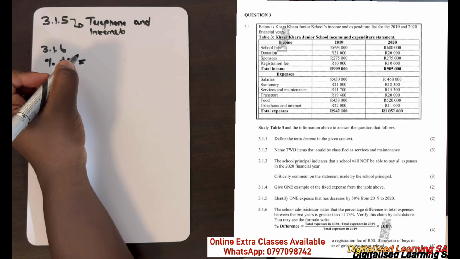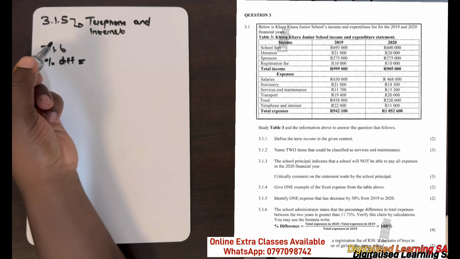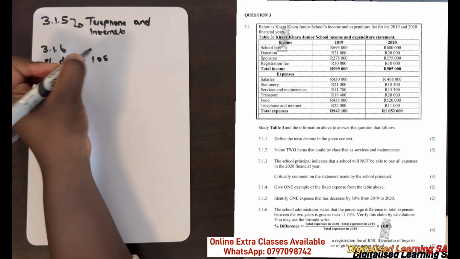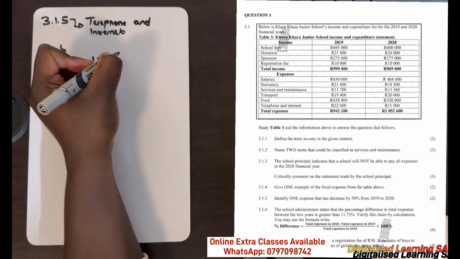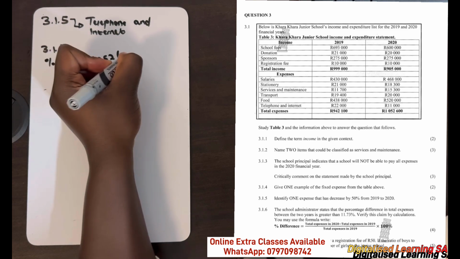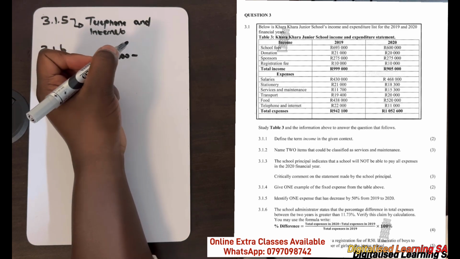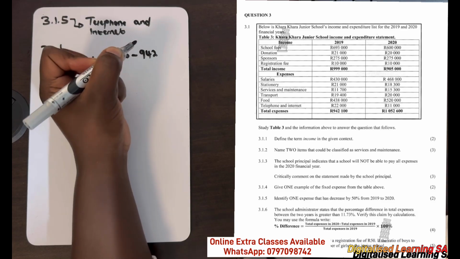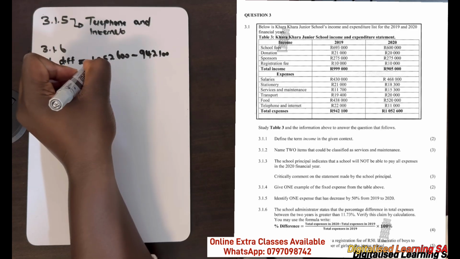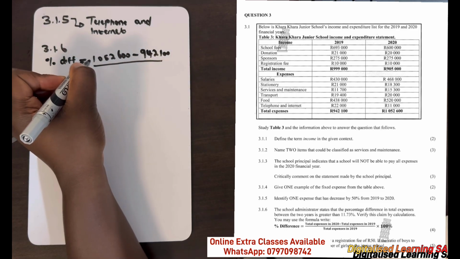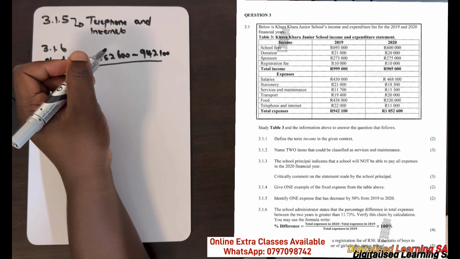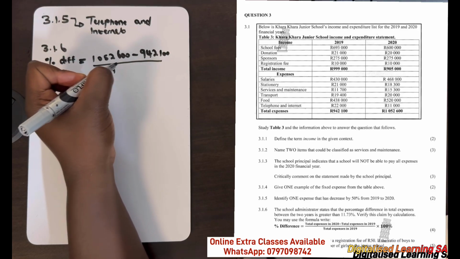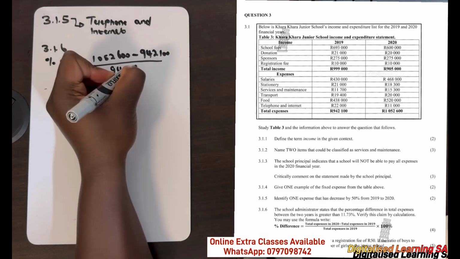So the formula says total expenses in 2020, which is 1,052,600, minus total expenses in 2019, which is 942,100, divide by total expenses in 2019, which is 942,100.